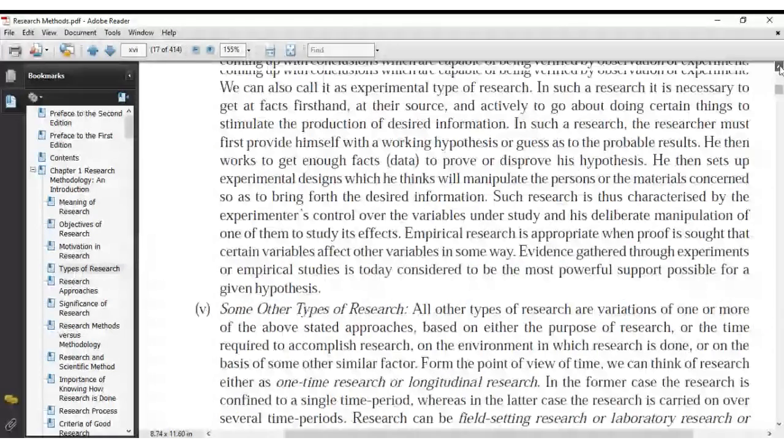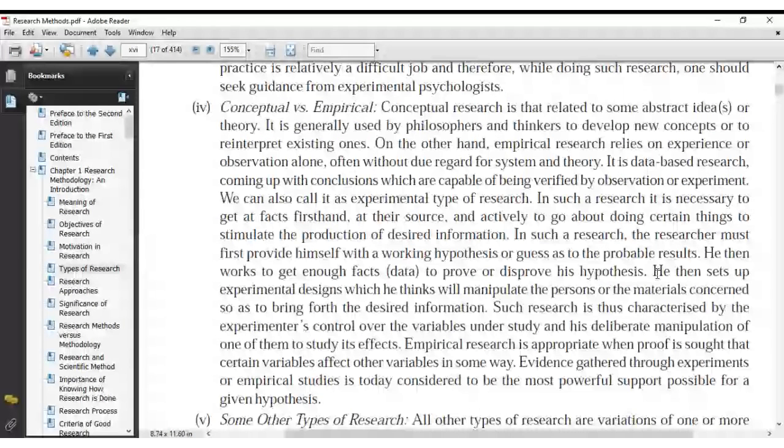Using research examples, explain the difference between applied versus fundamental research.